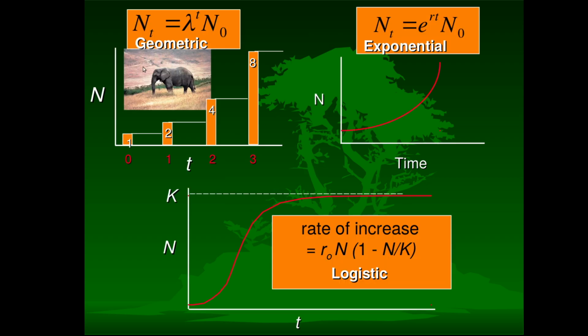Okay, and these are the three types of equations used to describe these three types of growth right here. So these are the actual equations relating n to time up here. And this is the differential equation here that relates the slope of the sigmoid curve to the population density.